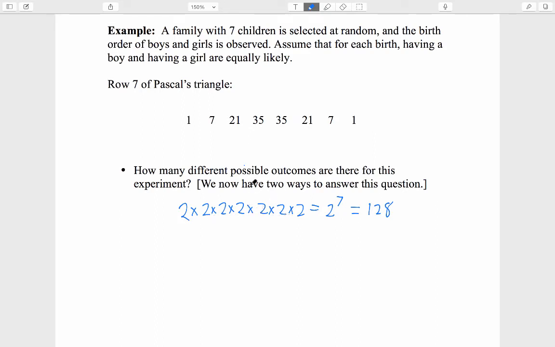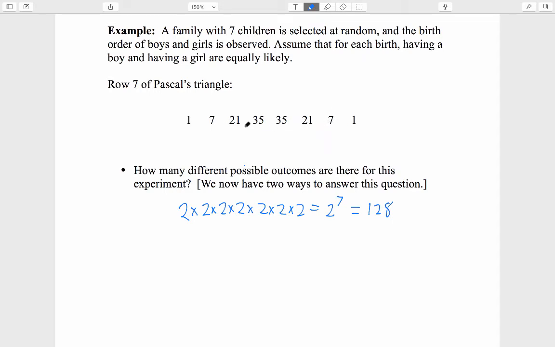Now, someone watching this video is thinking, hey, wait a minute, I thought we got into this whole Pascal's triangle business because there was some problem with using the multiplication principle. Wasn't that right? Good memory. You are right that there was some problem using the multiplication principle directly to find this 35, or that 21, or that 7.